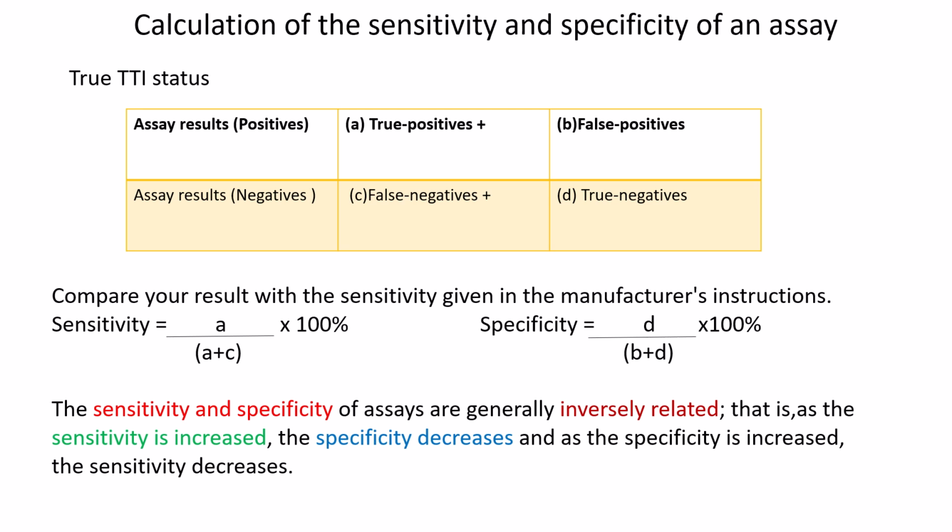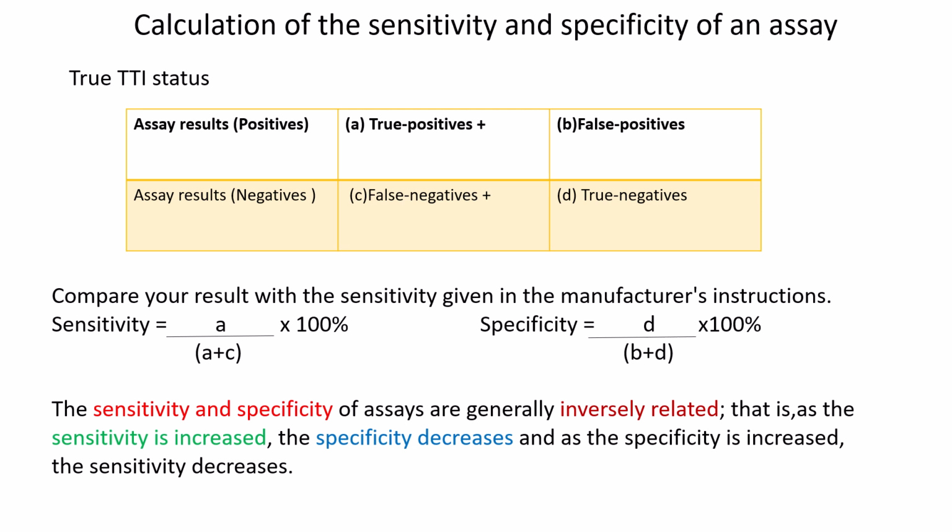We have to compare the result with the sensitivity given in the manufacturer's instructions. Sensitivity is calculated as A divided by A plus C, into 100%. For specificity, it is D, the true negatives, divided by the false positives plus true negatives, into 100%.